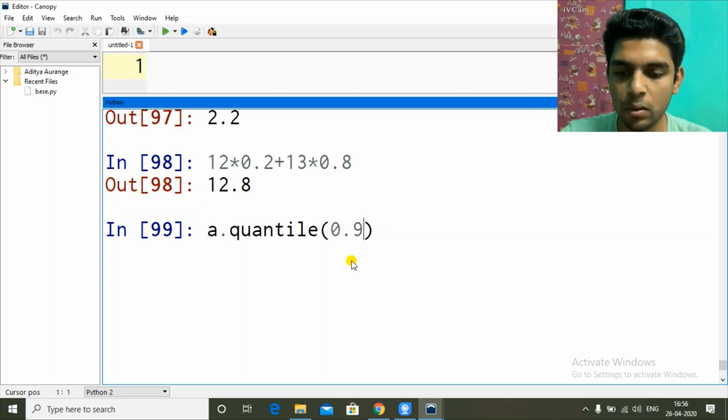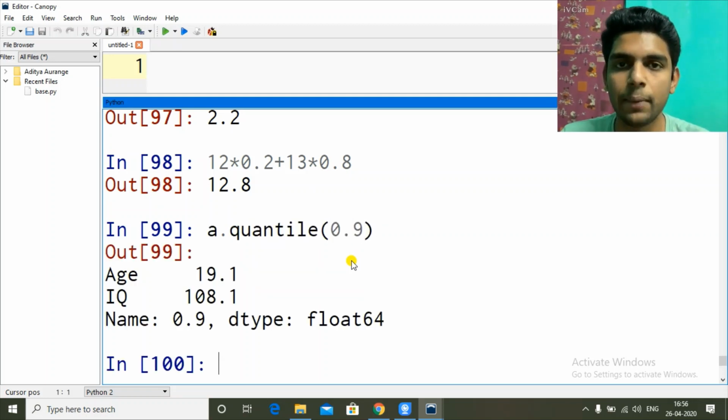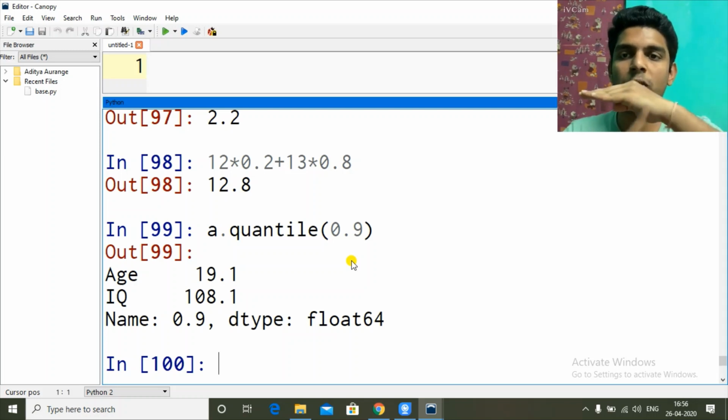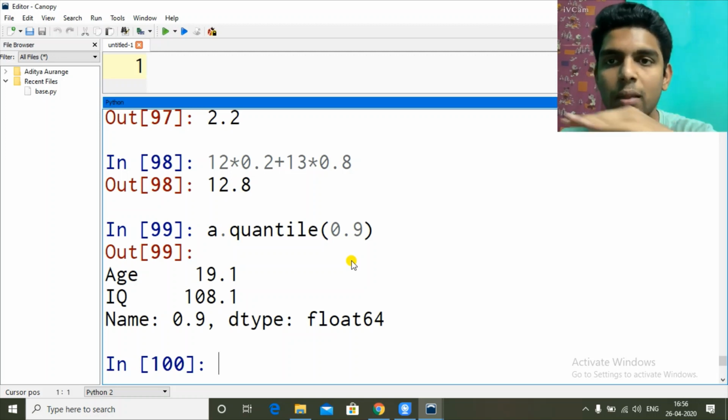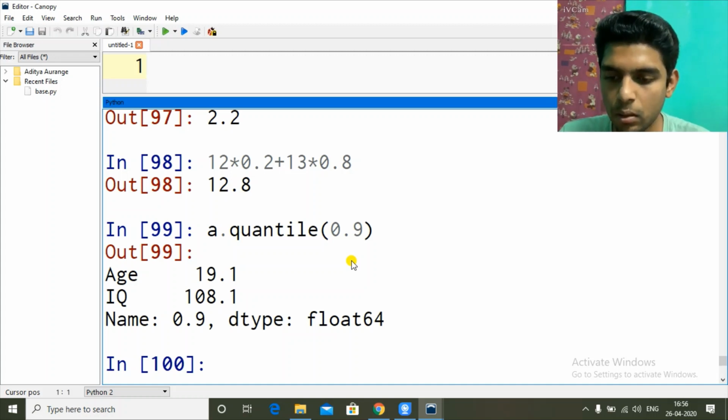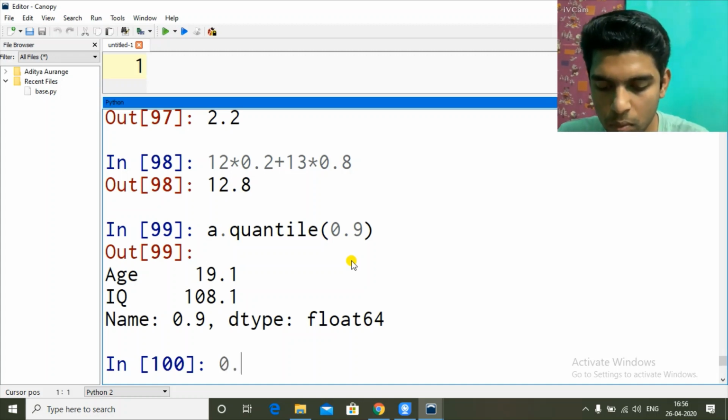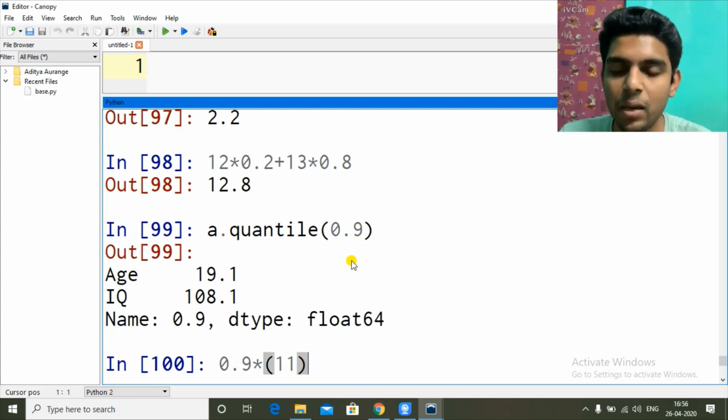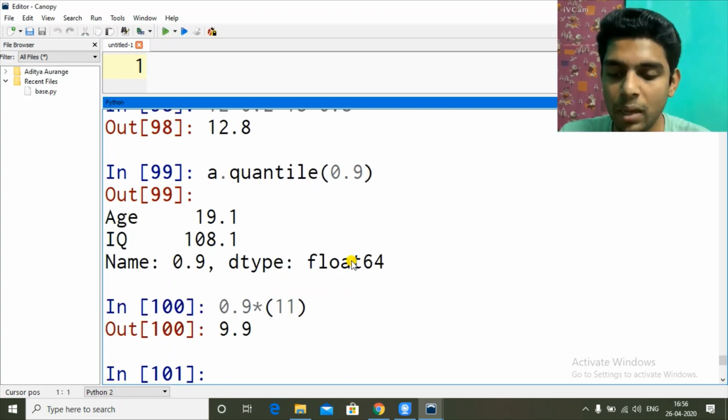let's say for the quantile at 0.9. So 0.9 will be the value which divides the data set in two parts, to the left of which 90% of the values are there, and to the right of which 10% of the values lie. Okay. So on pen and paper, 0.9 into n plus 1, I have 10 values, so 10 plus 1, 11, 9.9.